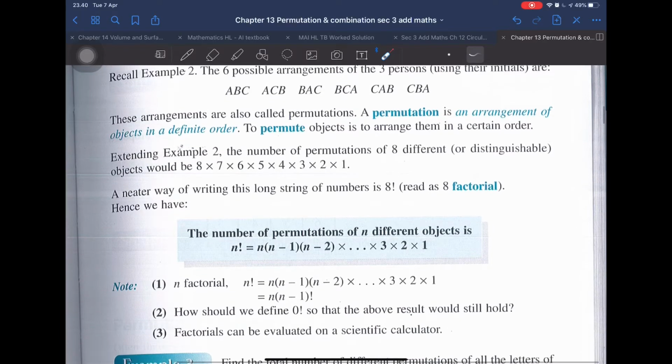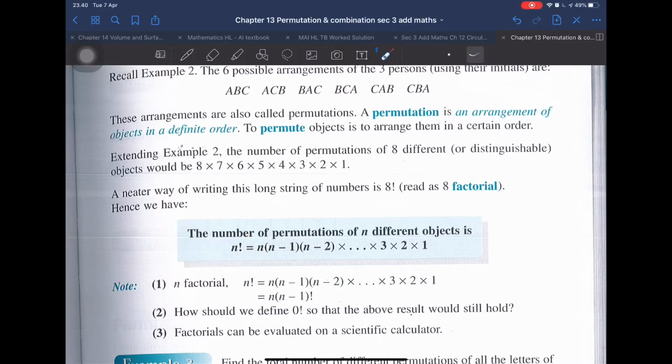So this is the permutation formula. So n factorial, that exclamation mark called factorial, and you can use your calculator to find it. So n factorial meaning n times 1 lower than n.